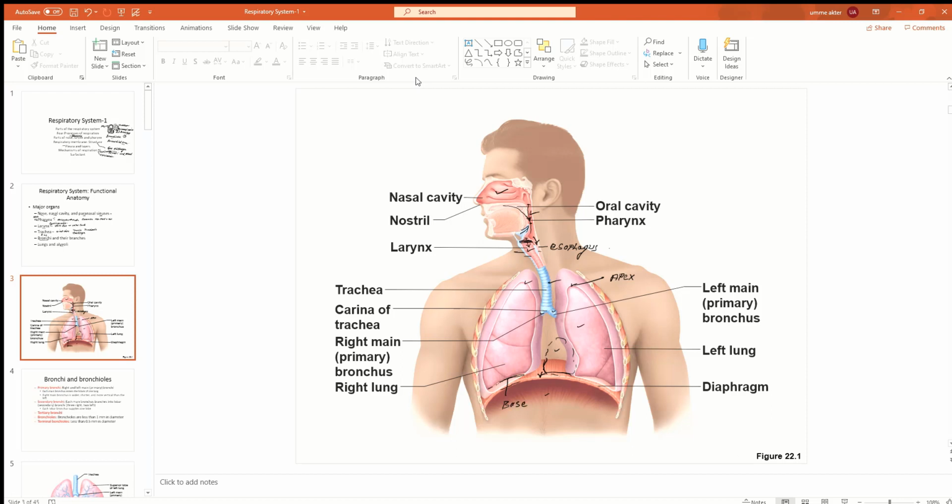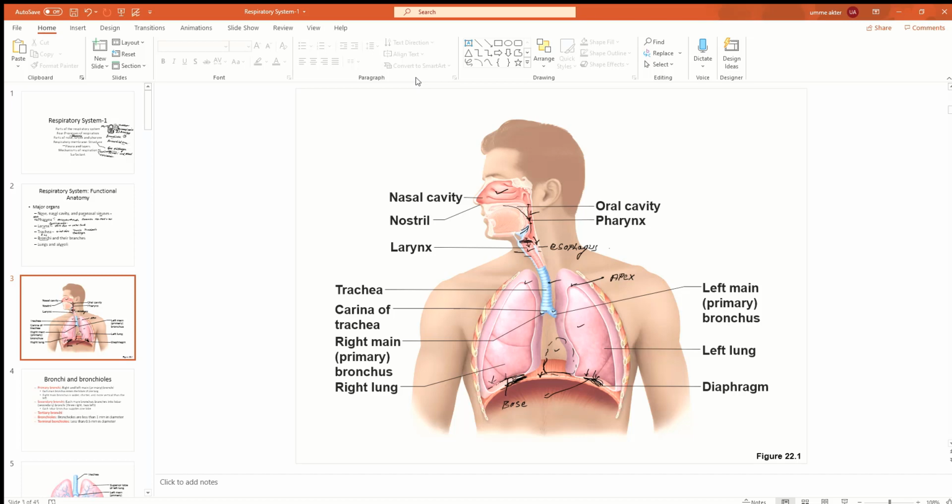So the base of the lung rests on the diaphragm, right, and is strongly attached by fibrous tissue. So now just think that if the diaphragm moves down, it pulls the bottom of the lung downwards. Make sense? That is very important. We'll talk about that later. So apex and the base.